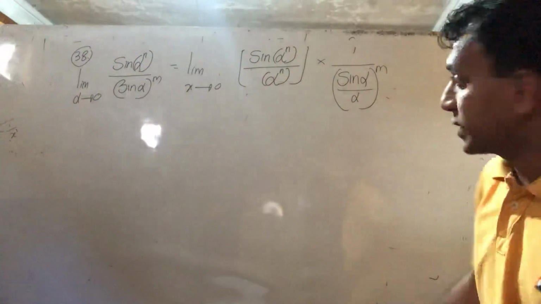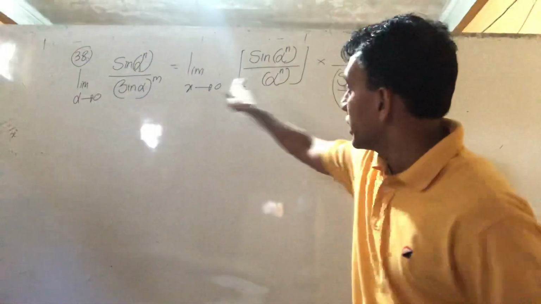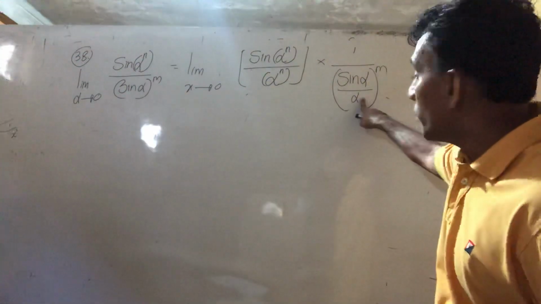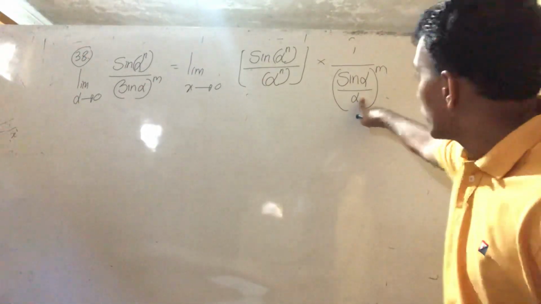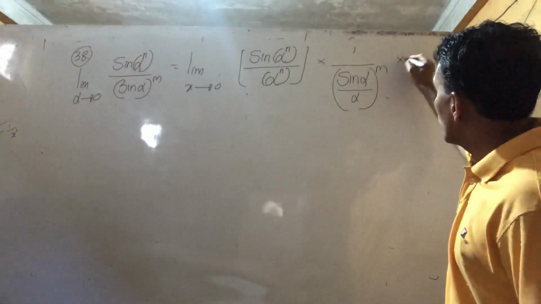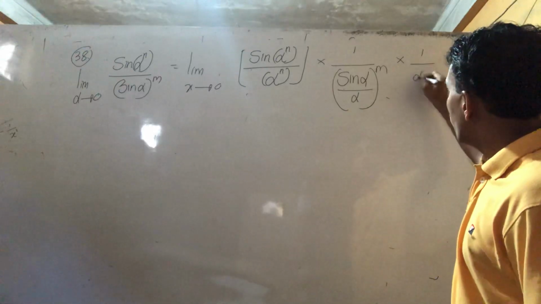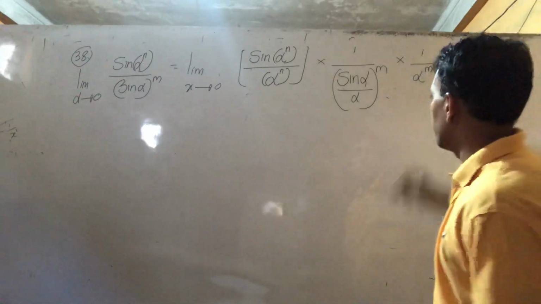Now check whether it's correct. Sine alpha over alpha to the power m has an additional part, so to remove that I multiply by 1 over alpha to the power m.